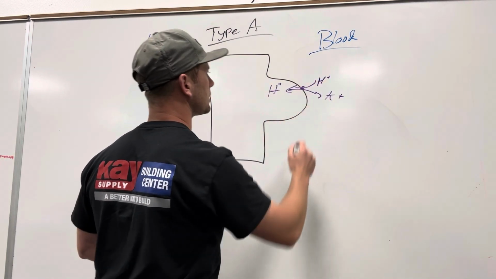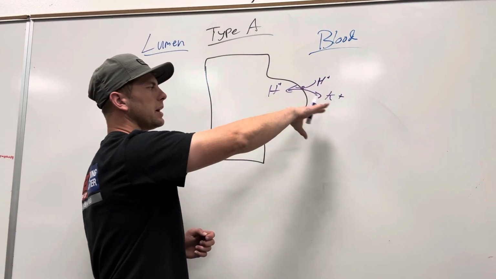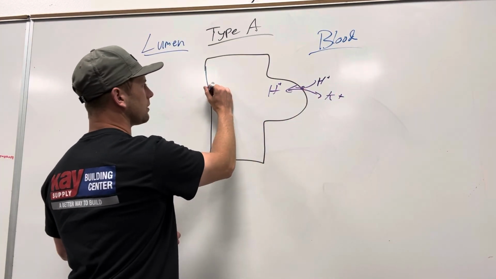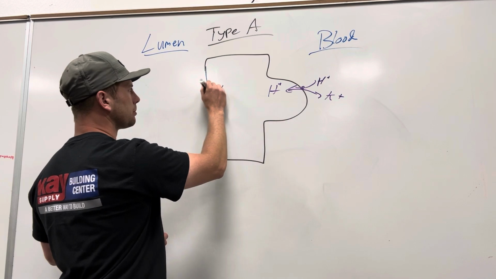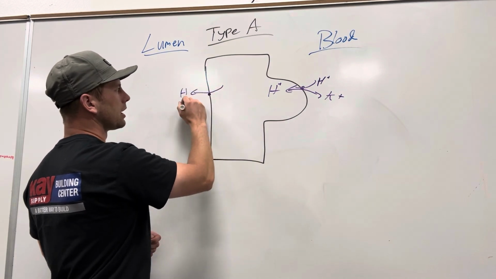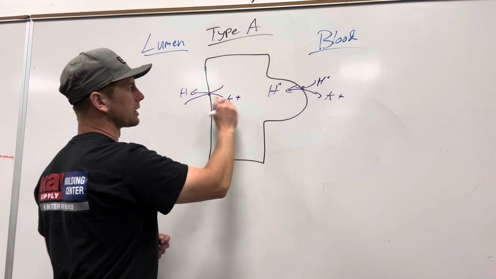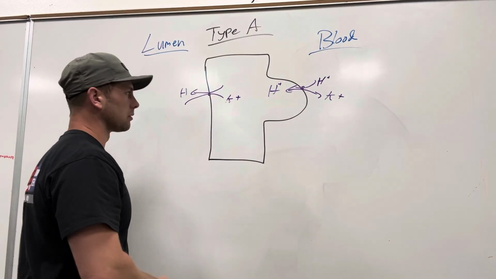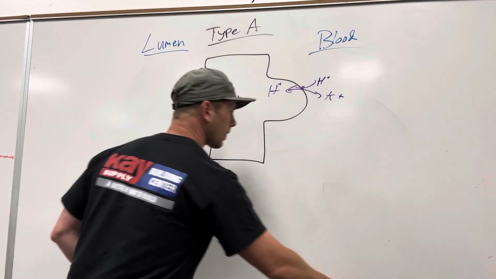Draw little pluses, because we have too many H's out here. Then we also have one on this side that will push the H's out and bring potassium back in. So that's when we're too acidic.